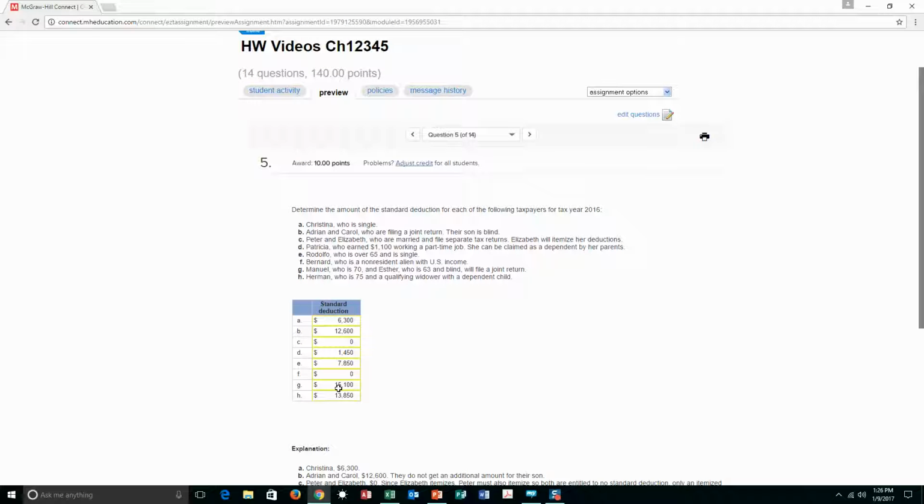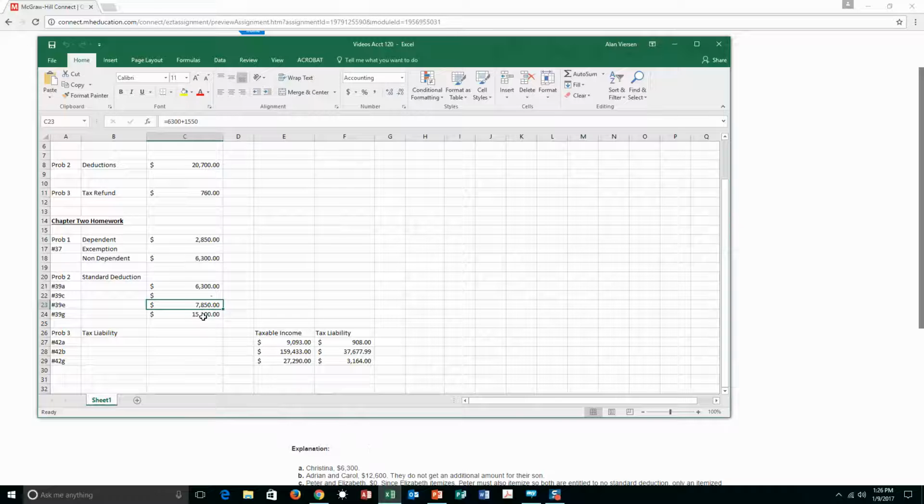And then finally, the last one I believe is G, Manuel, 70, and Esther, who is 63 and blind. Notice up here on the formula bar, I'll show you the calculation. They get the standard deduction of $12,600, and then they get the 2 additional standard deductions, one for being blind and one for being 65 or older.